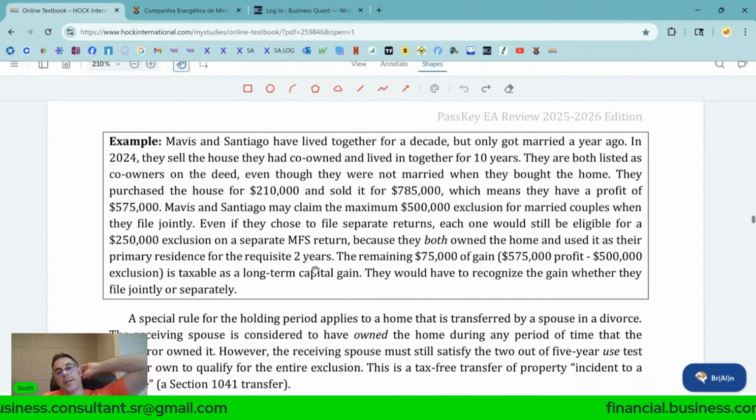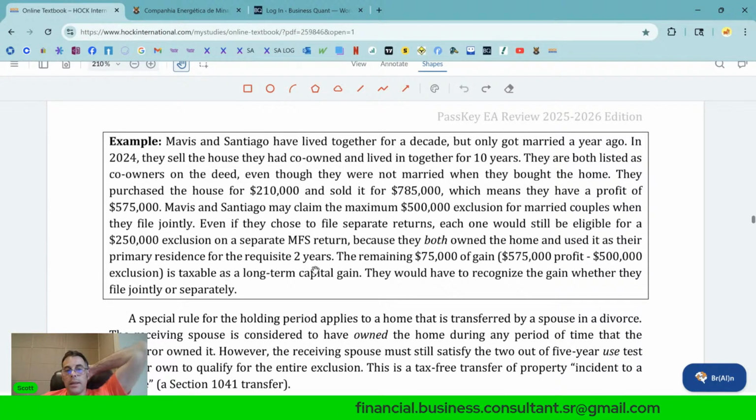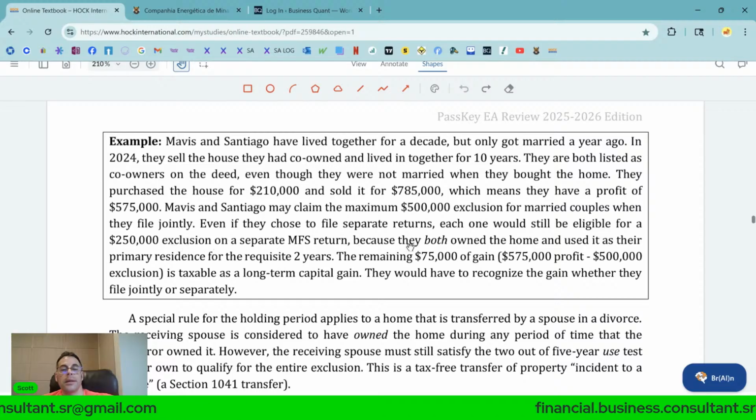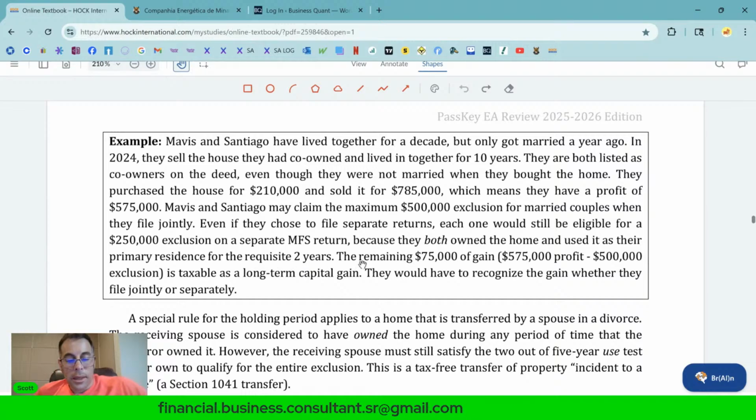They could claim the $500,000 exclusion for married couples. Even if they chose to file separate returns, each one will be eligible for $250,000 because they both own the home and used it as a regular primary residence. So you don't have to be married.